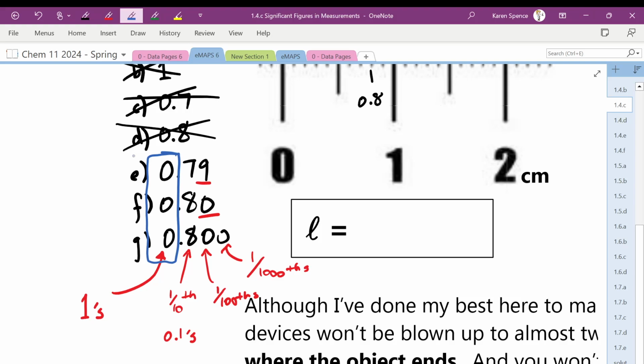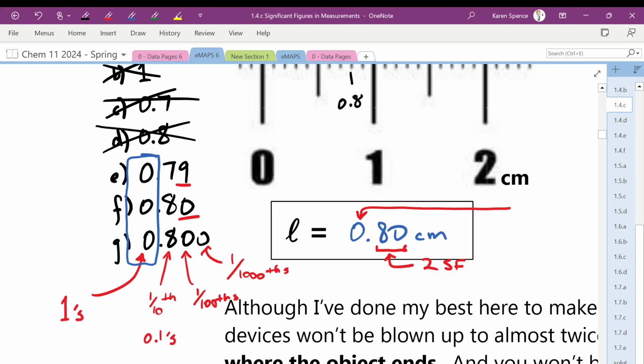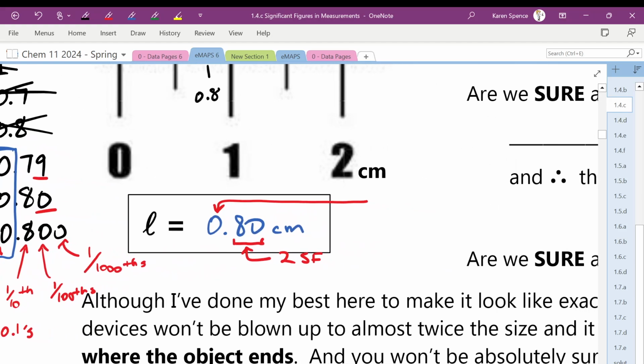Okay? So when we write this, we have 0.80 centimeters, and this has 2 sig figs. This 0 here just tells us that our measurement hasn't started yet.